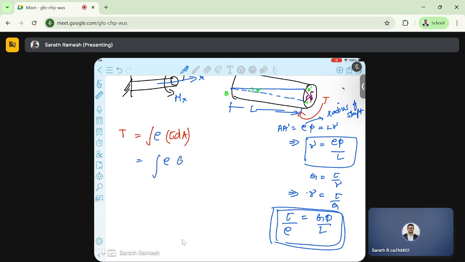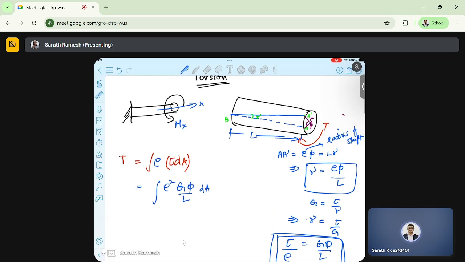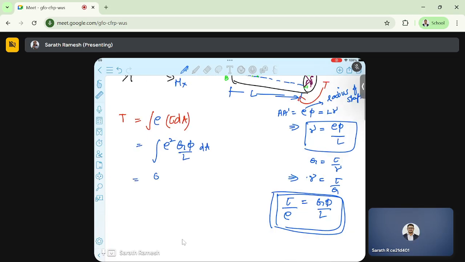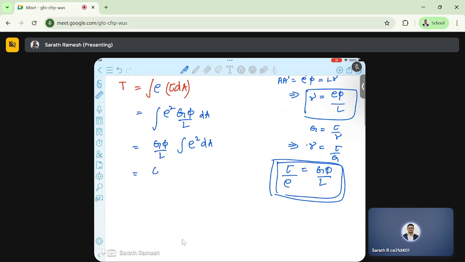Tau is G phi rho square by L dA. So this implies G phi by L integral rho square dA. What is integral rho square dA? This is nothing but the polar moment of inertia, J. So G J phi by L is T.